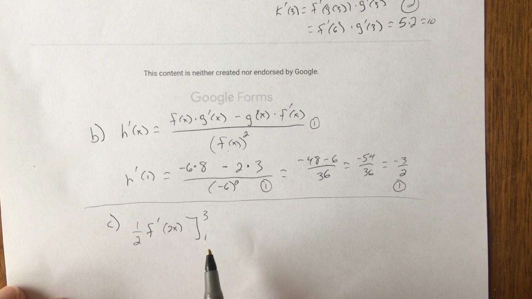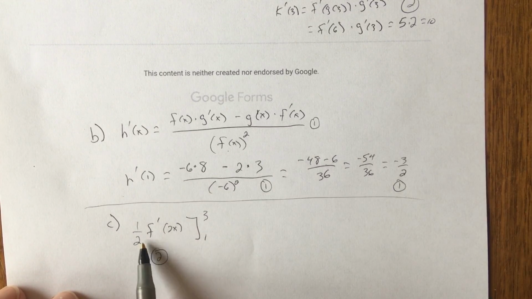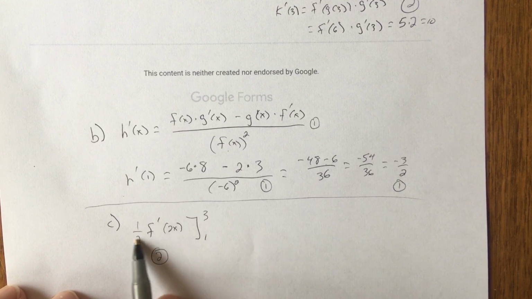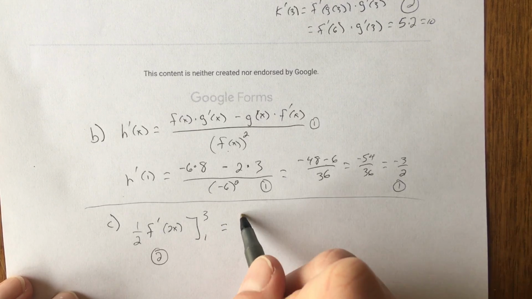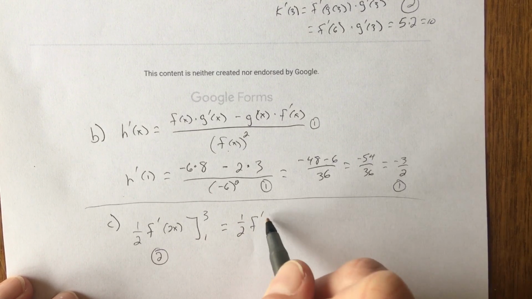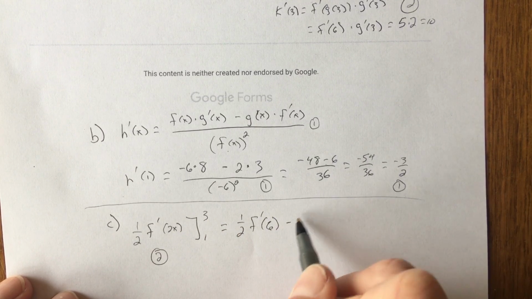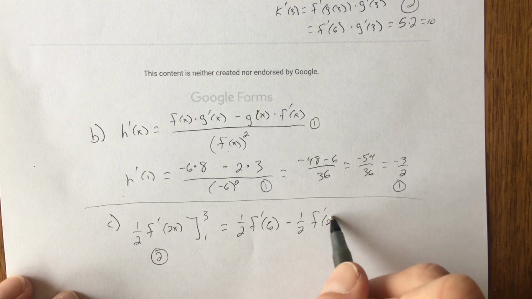They actually gave you 2 points for that antiderivative, meaning that they probably gave a point for recognizing that it was f prime, and a point for recognizing the 1/2. The last point is going to be whether you can do the fundamental theorem. So that part's not too bad. We put 3 in, we're going to get 6 here, minus, and put 1 in, we're going to get 2 here.